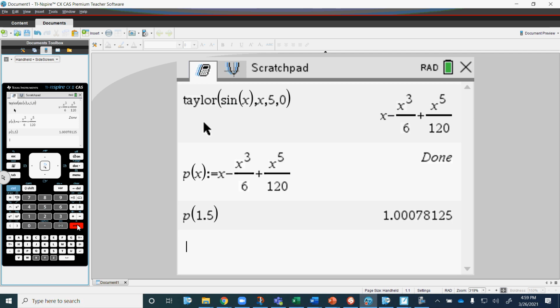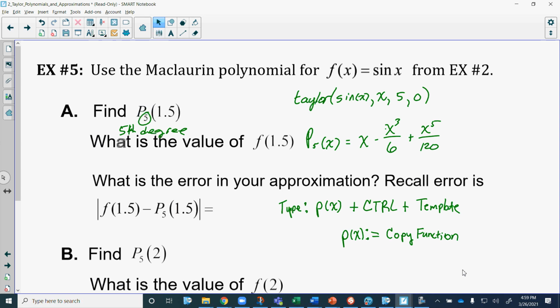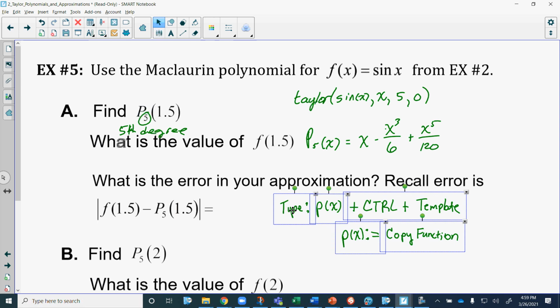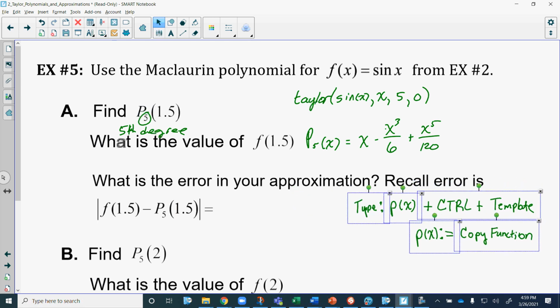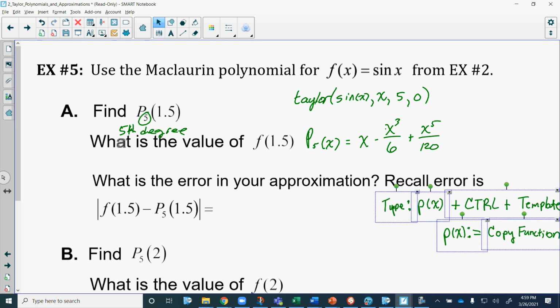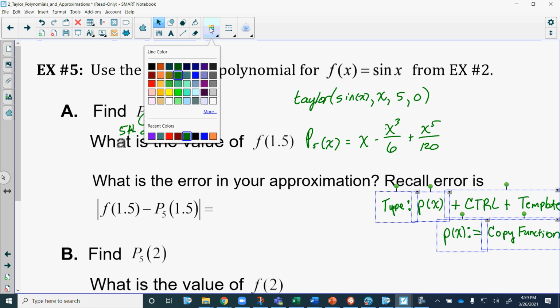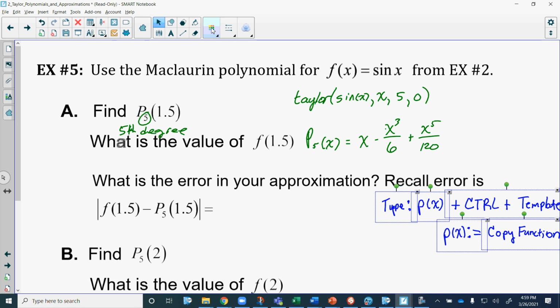So coming back to here, we're going to say, and let me kind of move this stuff out of the way a little bit. Move it over here some. Let's see, what is the value of, let me pick a different color. What is the value of p of 1.5?